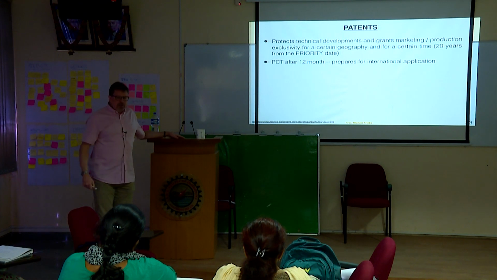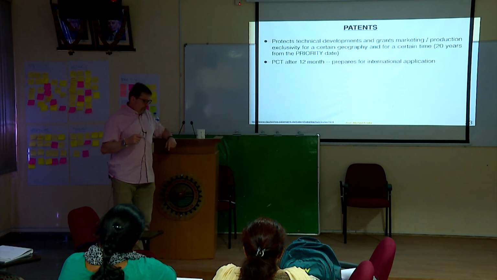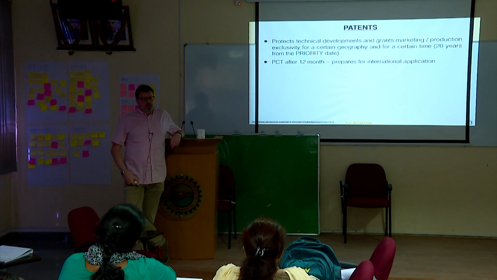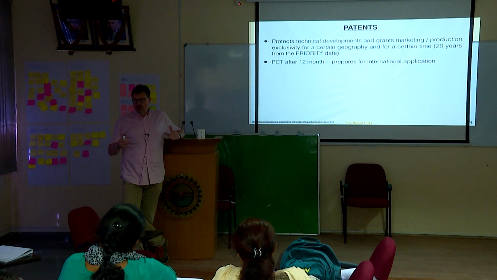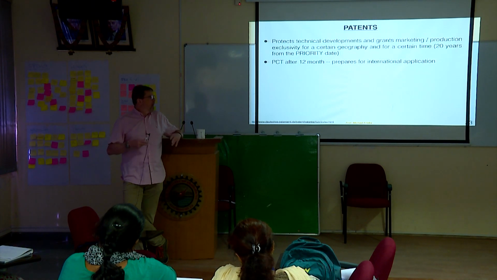So what happens when we file in Germany now. I filed a patent in Germany on the 1st of January 2019. Then basically I don't have to do anything for a year. After 1 year, I have to decide whether I actually file for international protection. It's called PCT, the Paris Treaty of something. Doesn't really matter what it means.